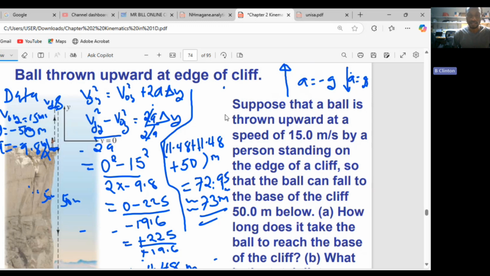The most important thing to understand and to know is your acceleration. Is it positive or negative? Remember we said when you throw something upward, the upward direction is taken to be positive, and therefore it is going against acceleration due to gravity, and then that acceleration is going to be minus 9.8.